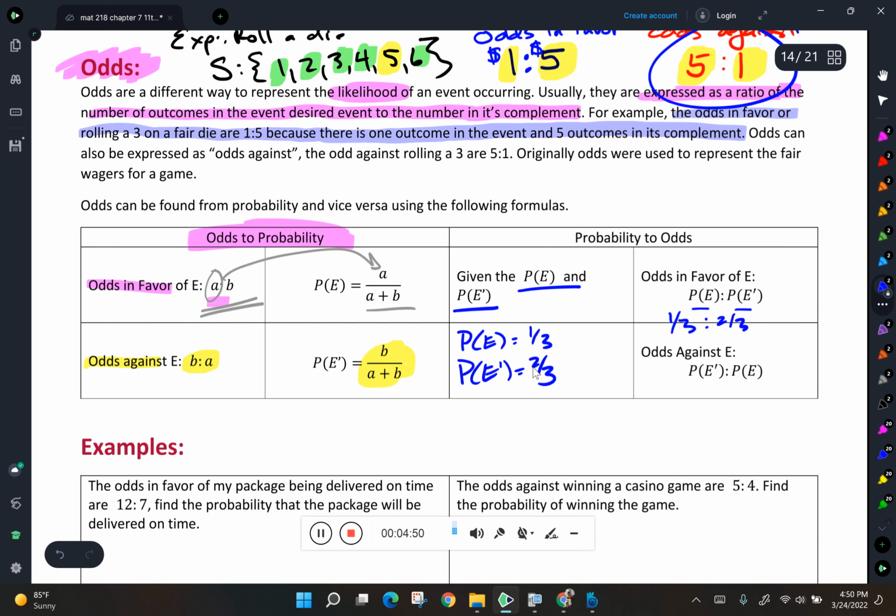We'd find the least common multiple of those denominators. We multiply both sides of that ratio by 3, and then that would give us 1 to 2. The odds in favor would be 1 to 2. Odds against then, of course, would be 2 to 1.